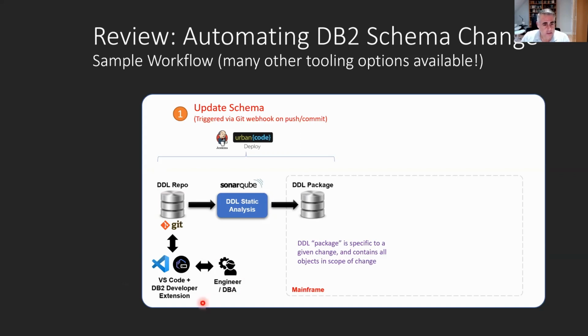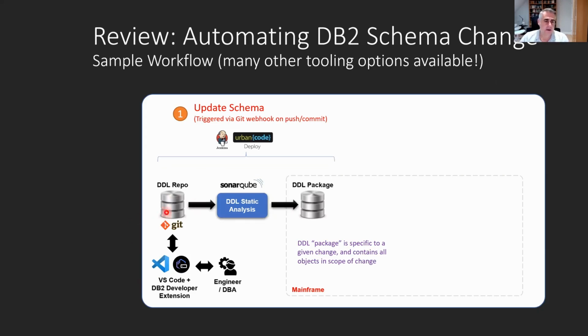What we're increasingly seeing people getting interested in is using text editors such as Visual Studio Code. There's a DB2 developer extension available for that, which understands DB2 syntax and has a big overlap with IBM Data Studio, but gives syntax highlighting and things like that. So it's very easy for an engineer or a DBA to use Visual Studio Code to view and edit the DDL that sits inside Git.